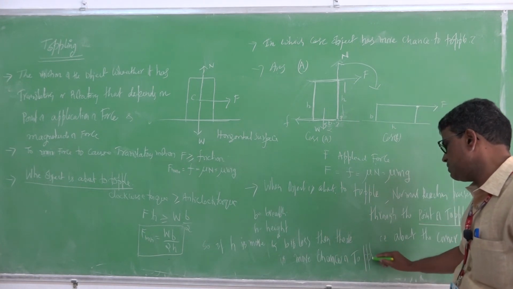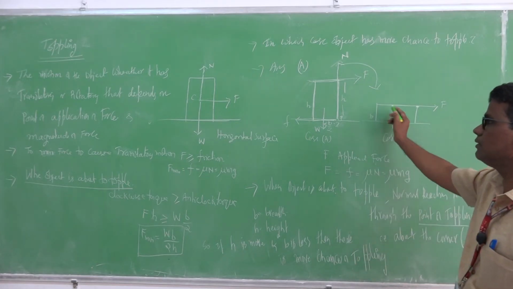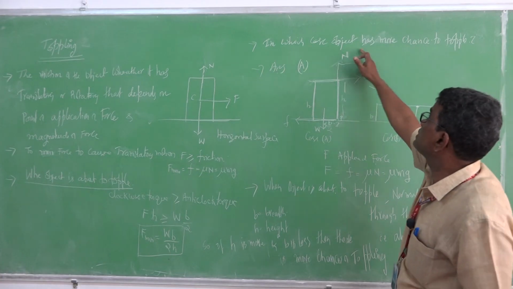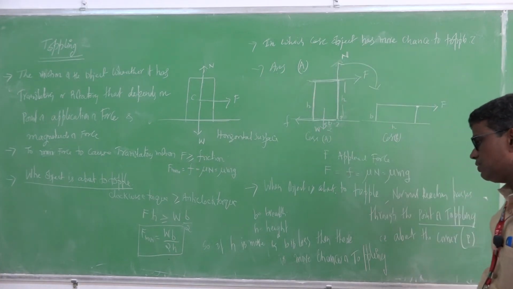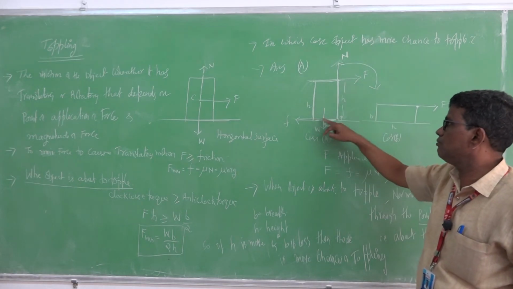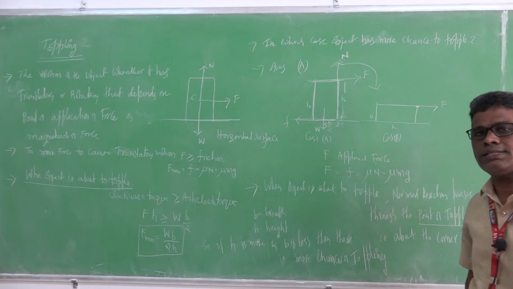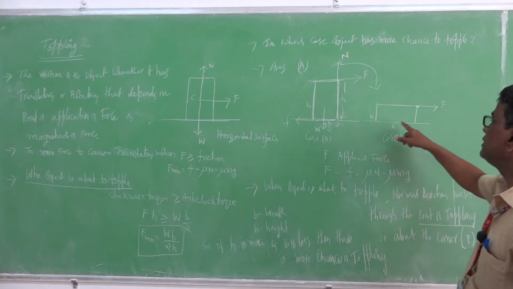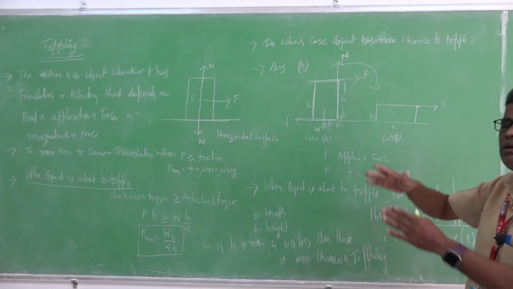So this is the explanation for this question. In which case does the object have more chances of toppling? Answer A. If h is more and b is less, there will be more chances of toppling. To avoid toppling, b should be more and h should be less.